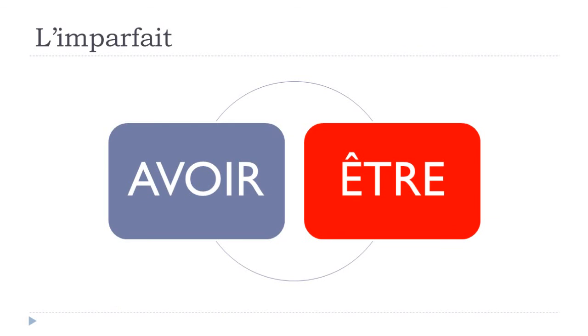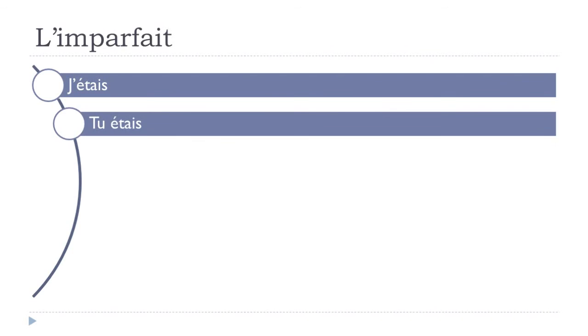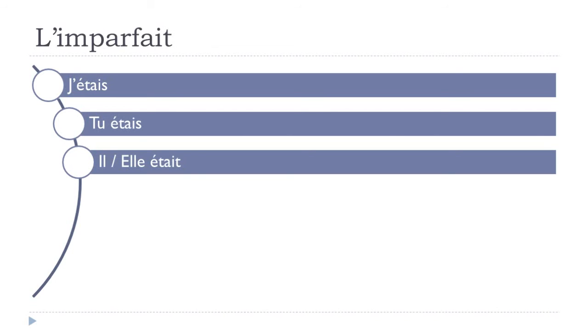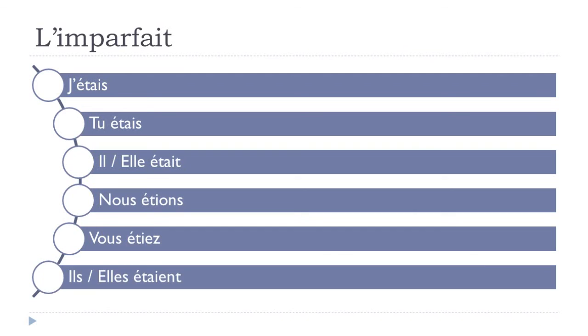And then let's have a look at être. J'étais, tu étais, il était, elle était, nous étions, vous étiez, ils étaient, elles étaient. Same thing, not that difficult at all, and especially if you want to pronounce it, it's not really difficult. J'étais.